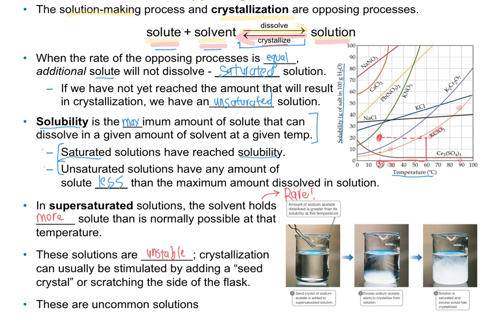What happens is if I add a little crystal, or I scratch it, I bump it, I knock it a little bit, all of that extra 13 grams of potassium chlorate is going to crystallize out. So here we have our solution. We cooled it off, we add a single little crystal to it, and then it causes this fast crystallization process to happen. And then our extra mass is down below.